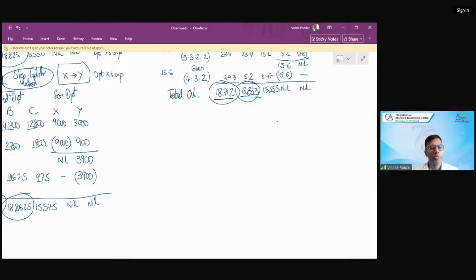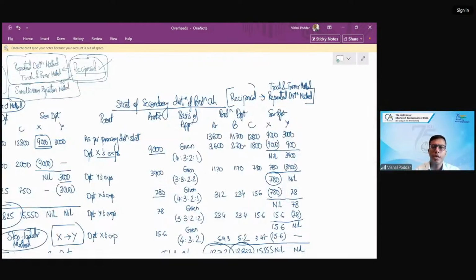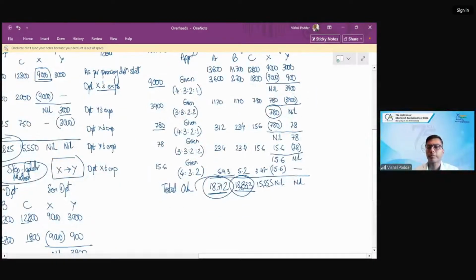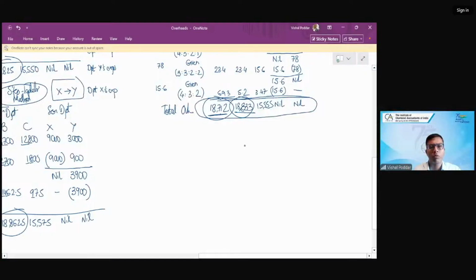Should we proceed? Now will come the same thing, that is reciprocal, same answer, but without doing so many repeated steps. Correct? Let's see. So I'm again putting down the format. Statement of secondary distribution of production overheads.